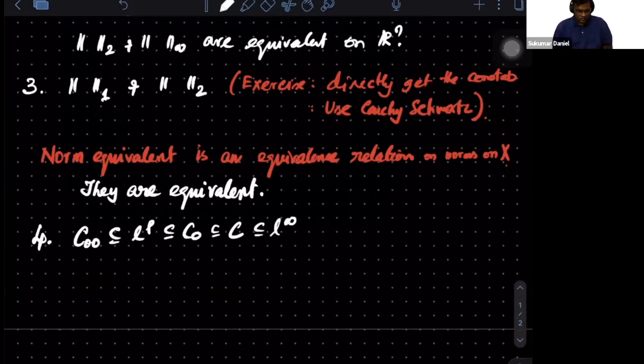So I'll restrict myself to this and ask the following question. Remember, what are the norms on these spaces? On LP, the p norm is the norm, and on c0, c, and L infinity, it is the infinite norm.